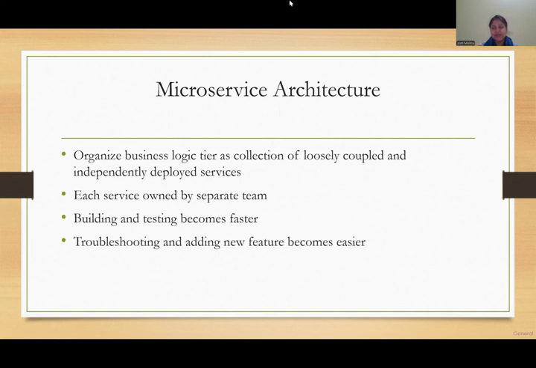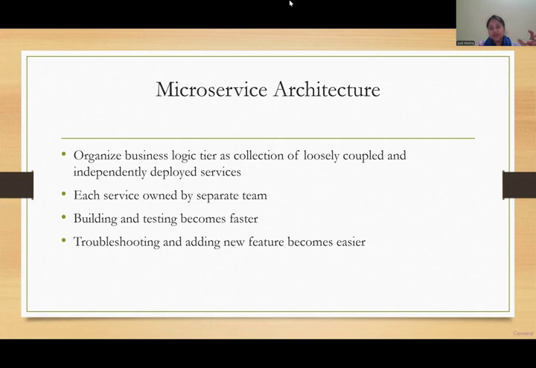So each microservice should be divided in such a way that it is solving one single purpose, and it could be owned by a separate team. In simple language, you should be able to do the development on each microservice in one sprint team.